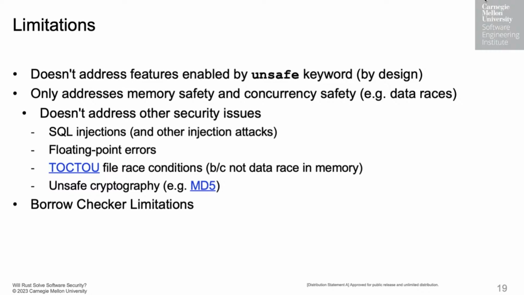And with concurrency safety, it's limited specifically to race conditions over memory, to make sure that no memory is accessed by two different threads at the same time. But you could have other kinds of race conditions, such as files being accessed by two different threads at the same time, and Rust does not handle that. So there's no reason why a Rust program and a C program couldn't have a race condition over a file.